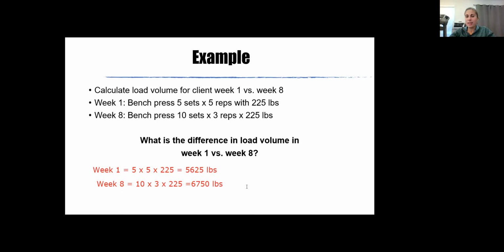And you think, oh, well, I did fewer reps a set, but look how many more sets you've done, right? And it's the same weight. So therefore, you're actually doing pretty much like 1,000 pounds more of weight. So to do the math, what's the difference in week 8 versus week 1?